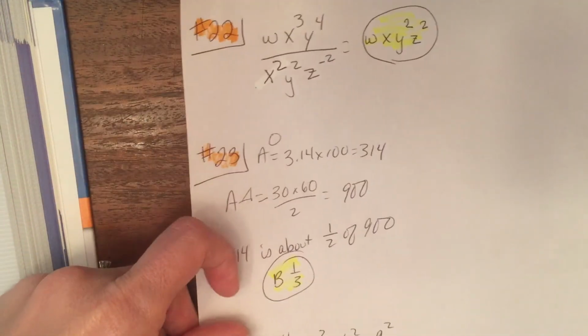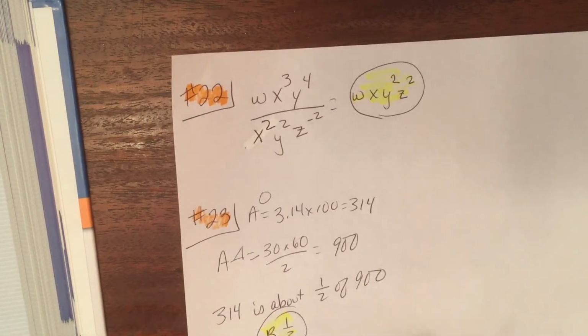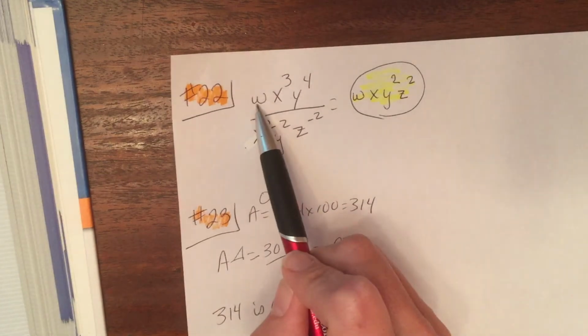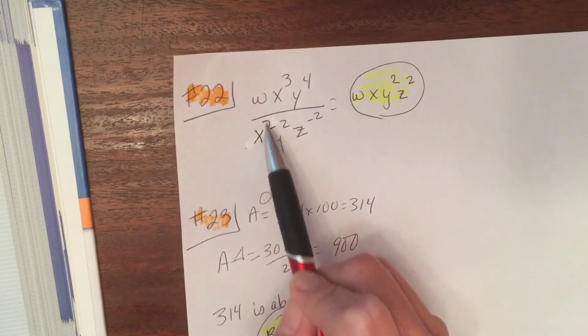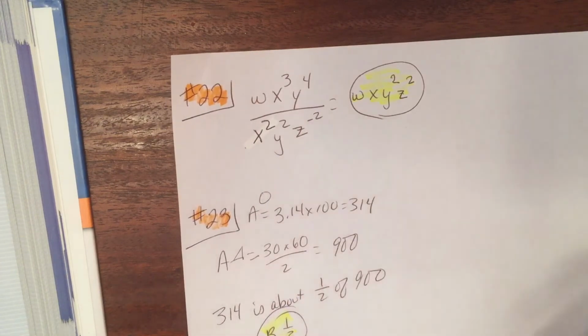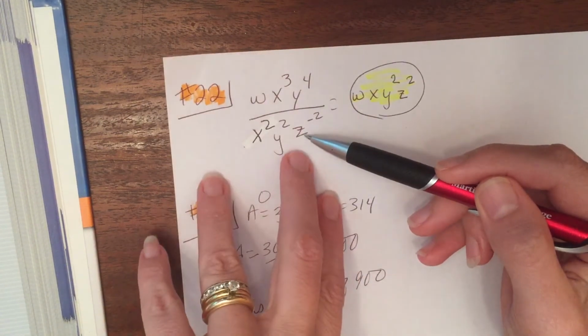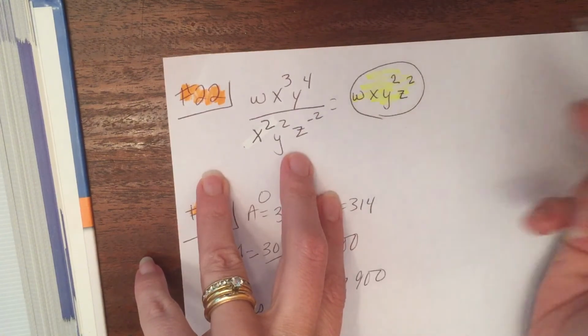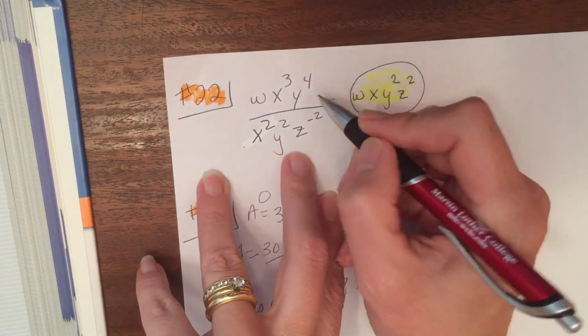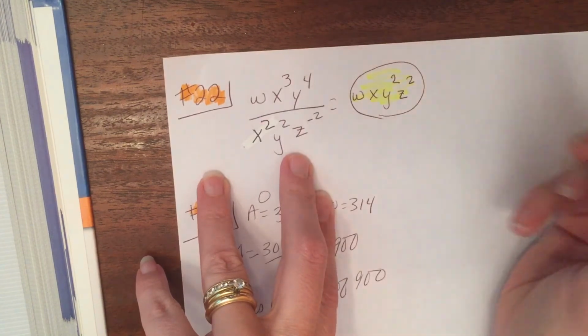Number 22. I think it said to simplify. Yes. So we started out with w x to the third y to the fourth over x squared y squared z to the negative 2. Well, I know that I want my z to the negative 2 to get pushed up, so I don't have a negative exponent. So this is going to get pushed up to the top here.